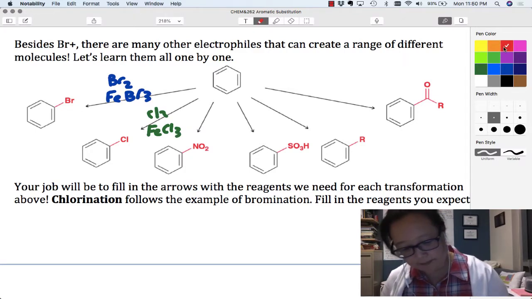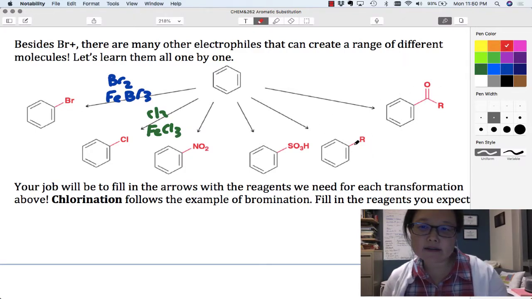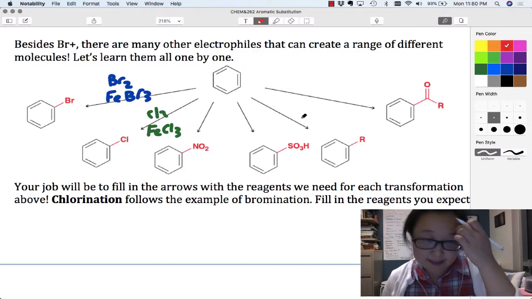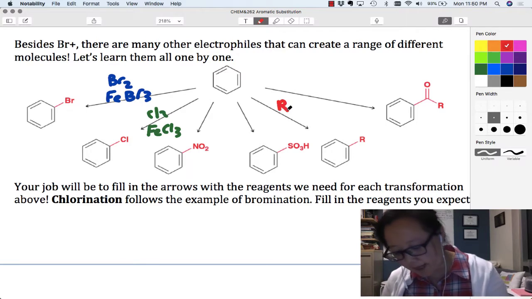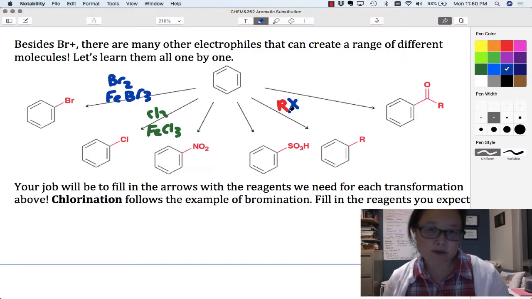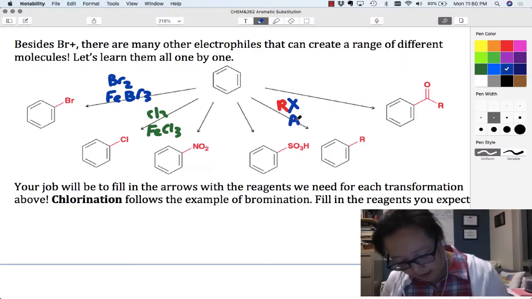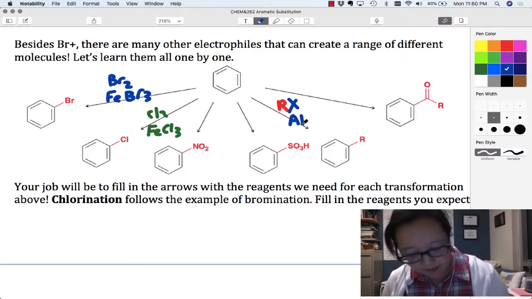And then these guys here are similar as well, except instead of Br2, we have RBr, or we have an R group and some kind of a halogen. I'll just put X, it could be bromine or chlorine. And then I usually use, instead of FeBr3, AlBr3 or AlCl3.